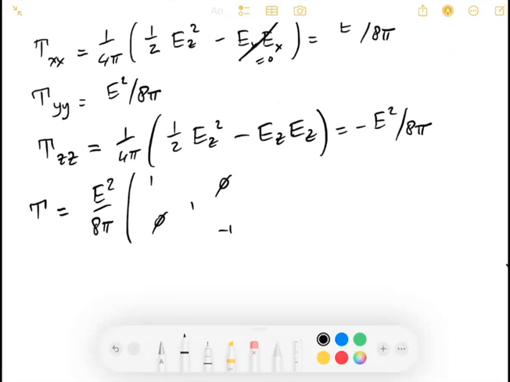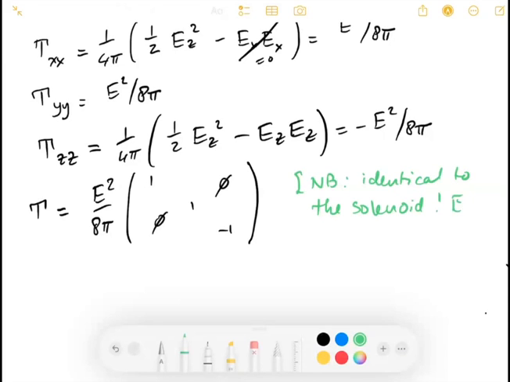Okay, now this is identical to the solenoid, right?